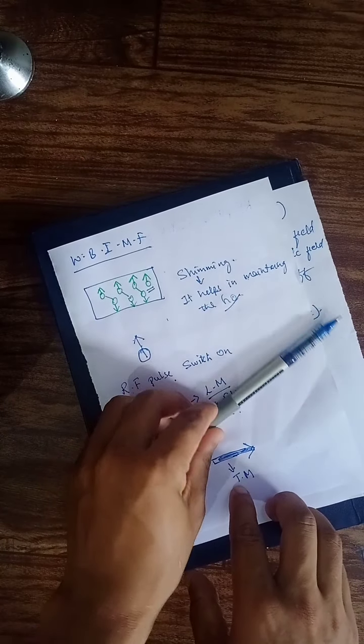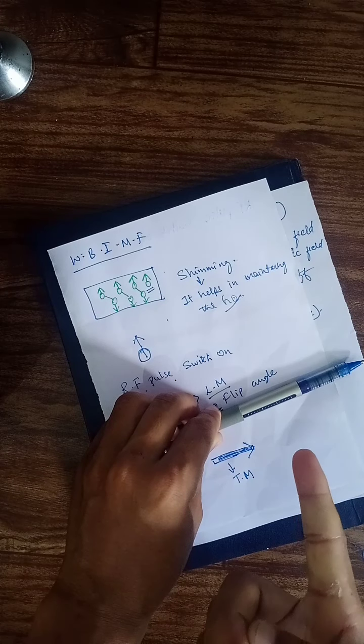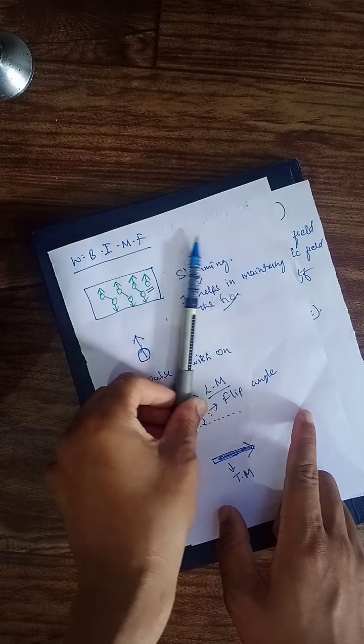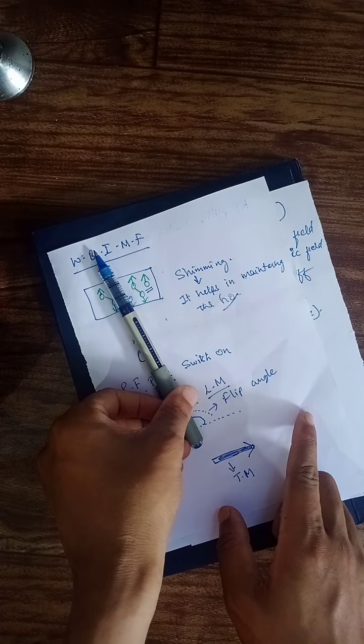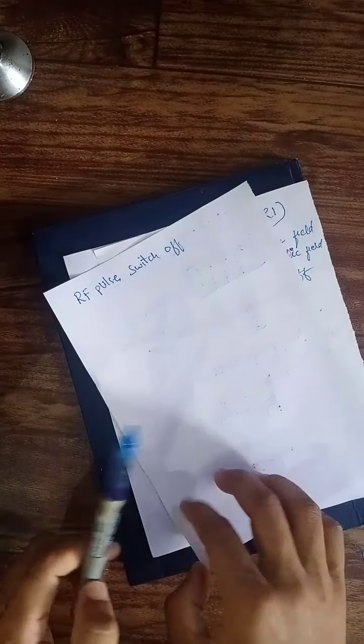RF pulse switch on, it goes to the transverse magnetization. When you switch off, the transverse magnetization will go back to its original state, that is longitudinal magnetization. Can you understand?